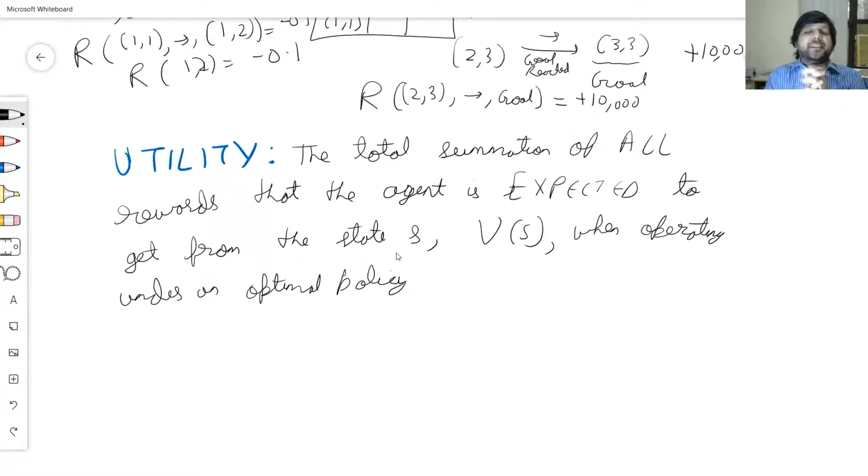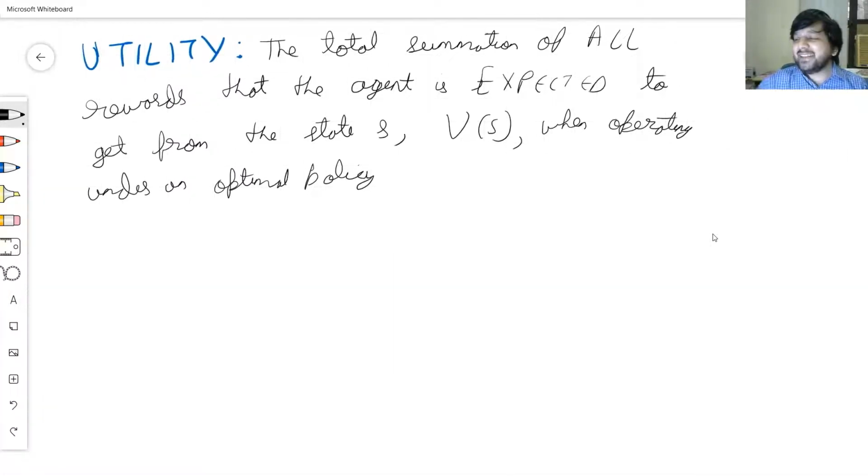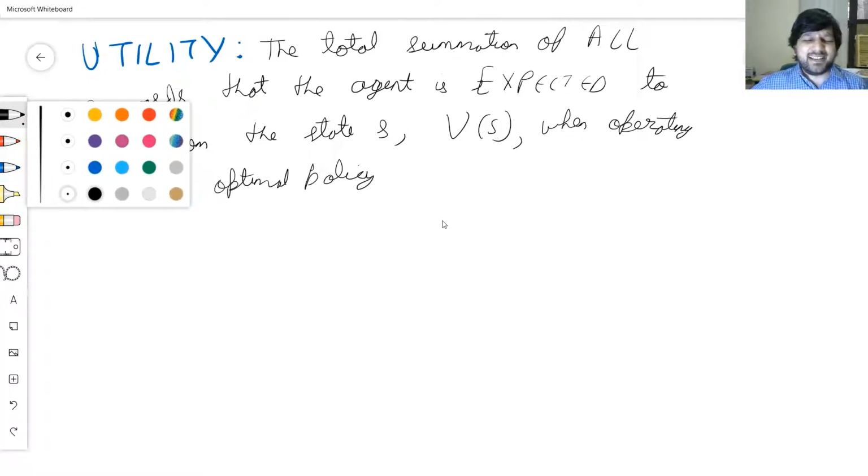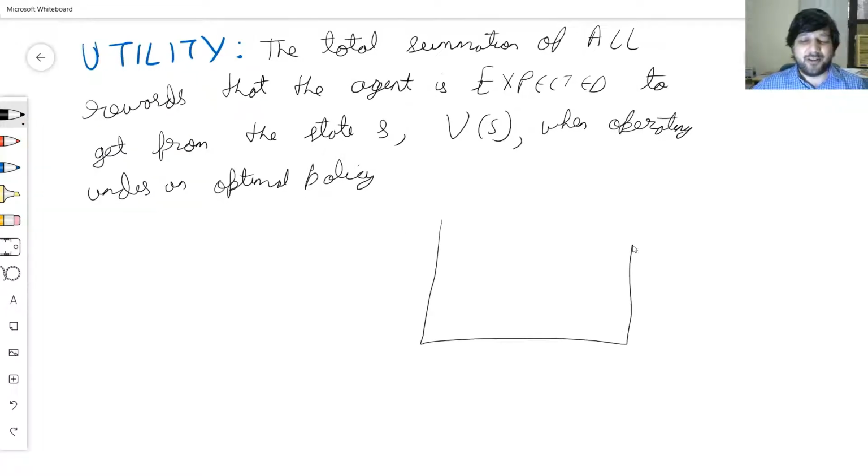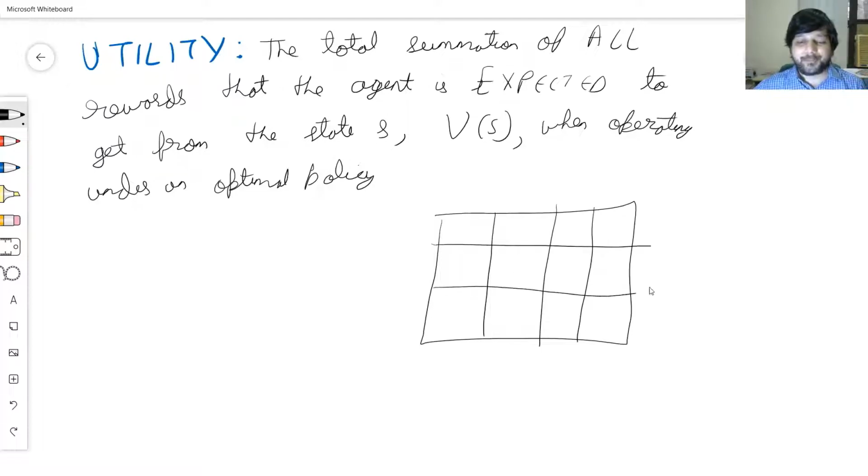Summing all of it up, how much is the total money that I have? That is what is called my utility. And this time I'll get a little bit informal and I'll try to calculate my utility for this problem.